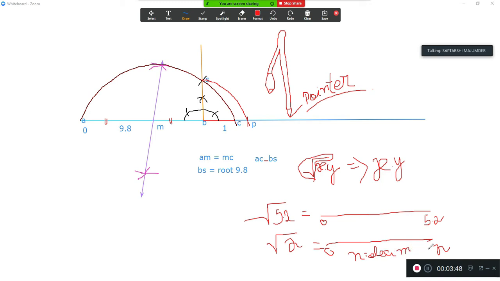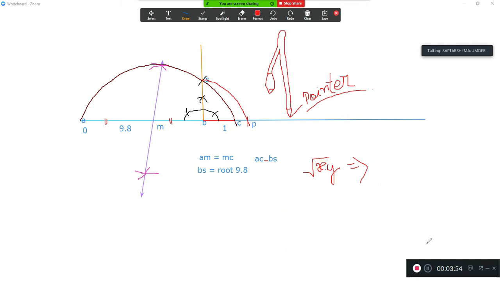According to these things, here it is given that root of 9.8 must be shown. As per the question, we first draw 9.8 from 0 to B. That means A to B, the length is 9.8. The next process is from the end point of 9.8, that is B, where the line has stopped.